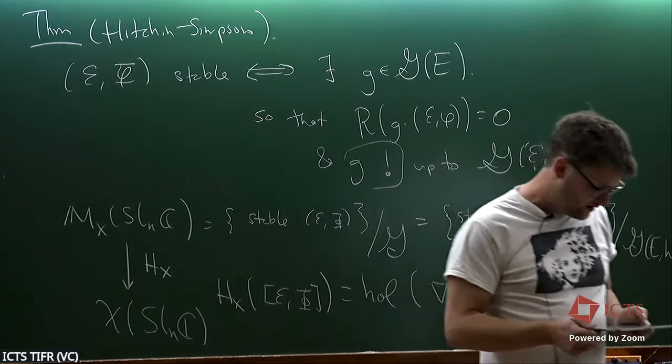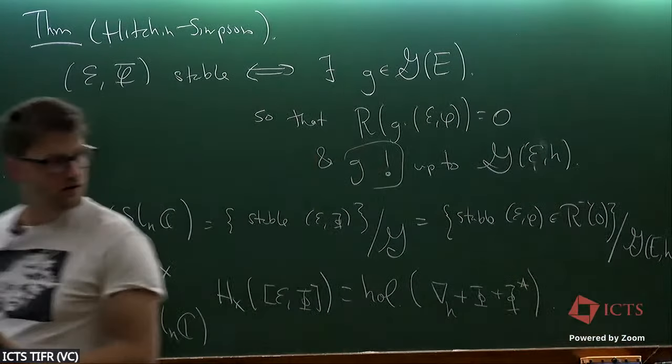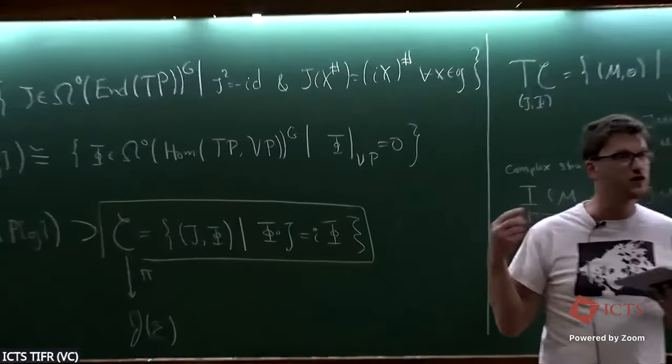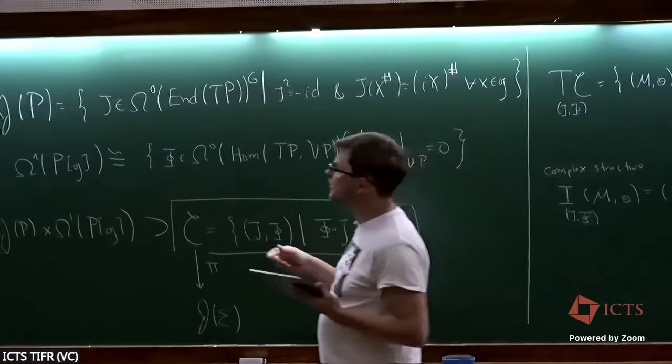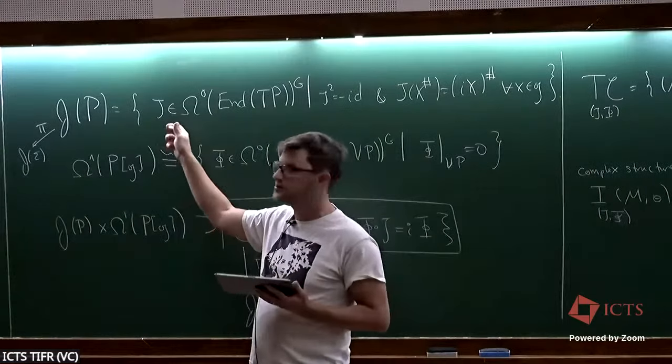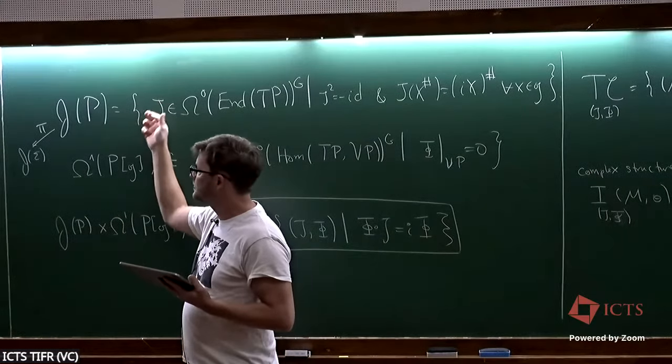Okay, great. So now let me remind you what we were saying last time. This was our setup. I had this big space JP, which was the thing keeping track of the holomorphic structures on a principal bundle. And from this perspective, I don't need to pick a choice of Riemann surface. That is already built in.